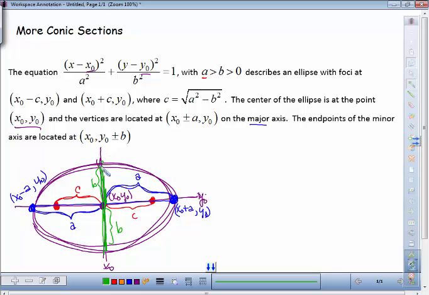Which means we can identify the edge of the ellipse with an x value of x naught and a y value of y naught plus the offset, the distance of your minor axis, which is b. Similarly down below.